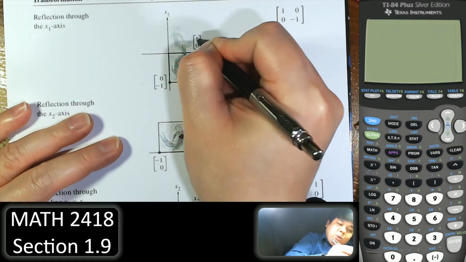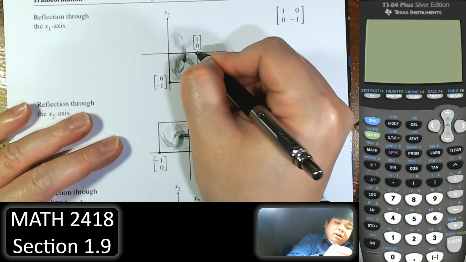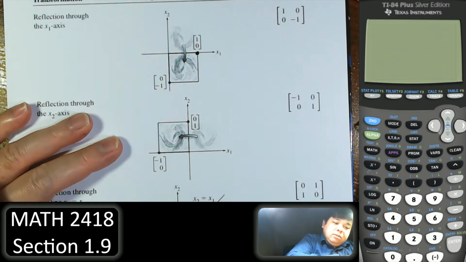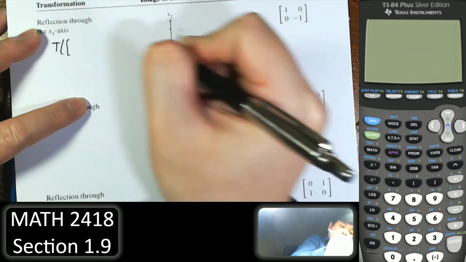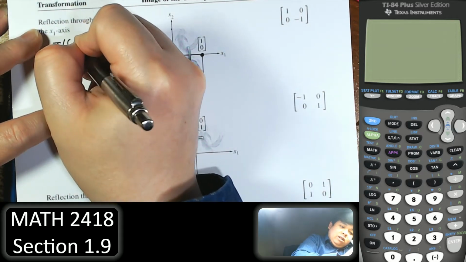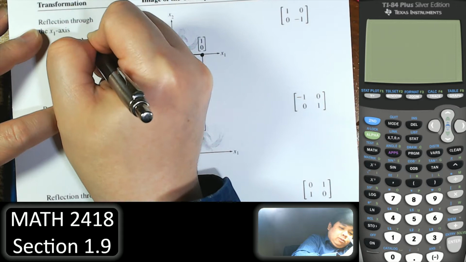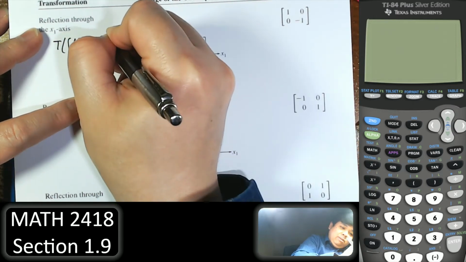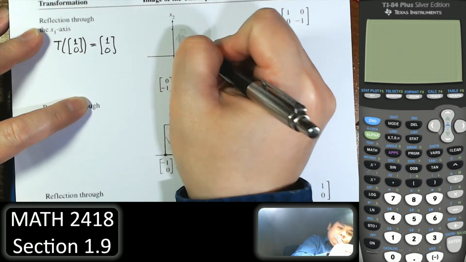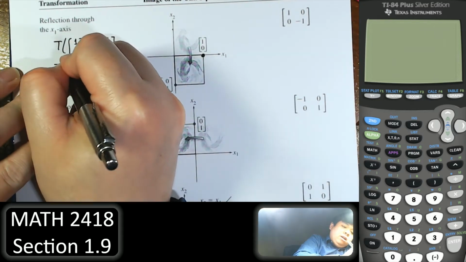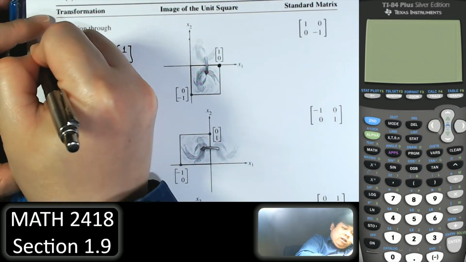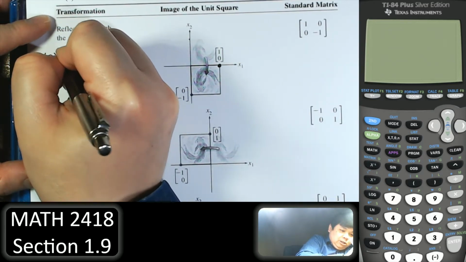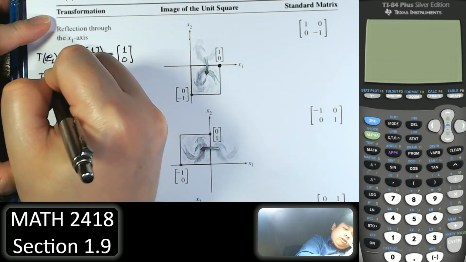The point 1, 0 here will stay the same. So T applied to the point 1, 0 is going to be the same. But when applied to 0, 1, I'll just write T of e1 and T of e2.